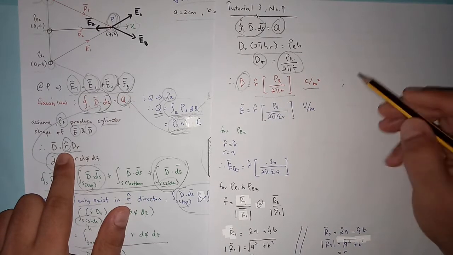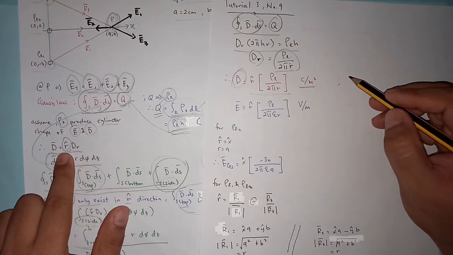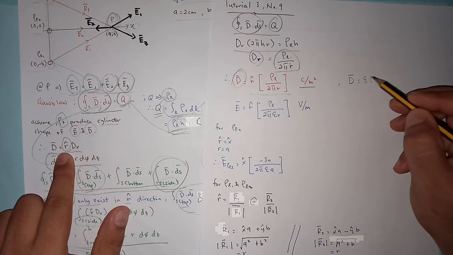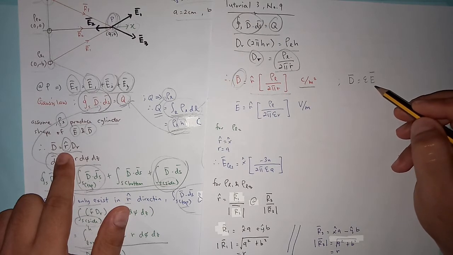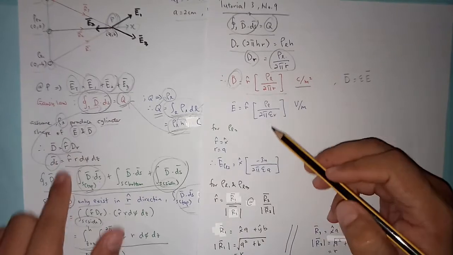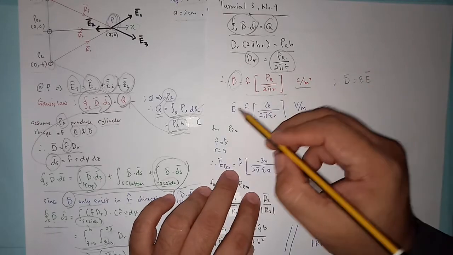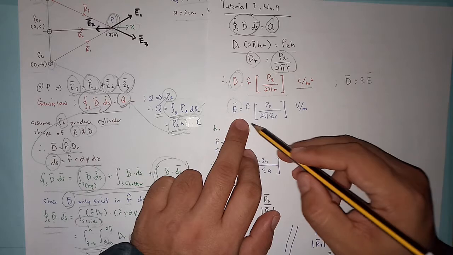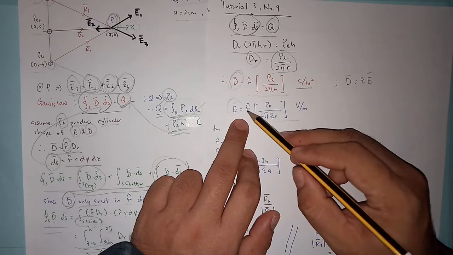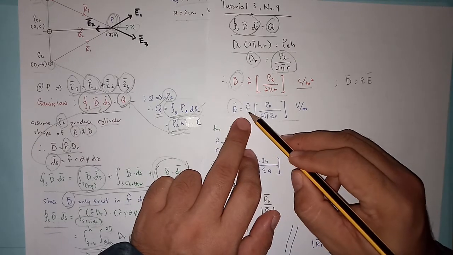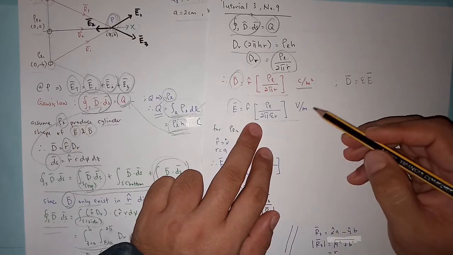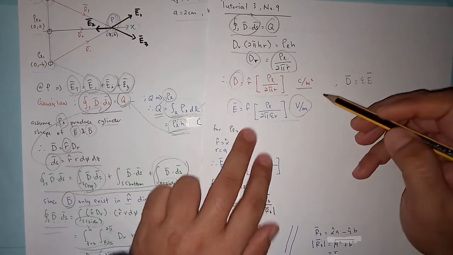Because we have a relationship between D and E, the vector D is equal to epsilon multiplied by the vector E. So we can find the expression for the vector E, or electric field intensity: r cap rho L divided by 2 pi epsilon r, and the unit for this vector is volt per meter.